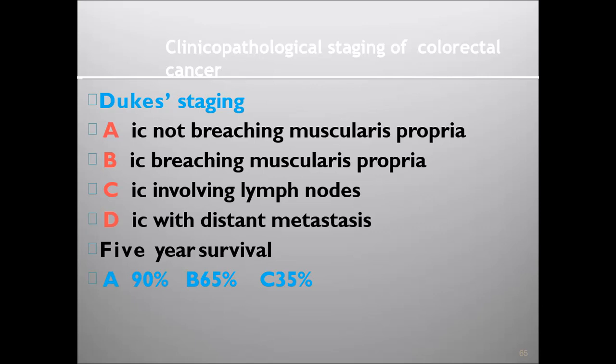C is involving the lymph nodes, and D with distant metastasis. Dukes A has a 5-year survival of 90%, B has 65%, and C is 35%.